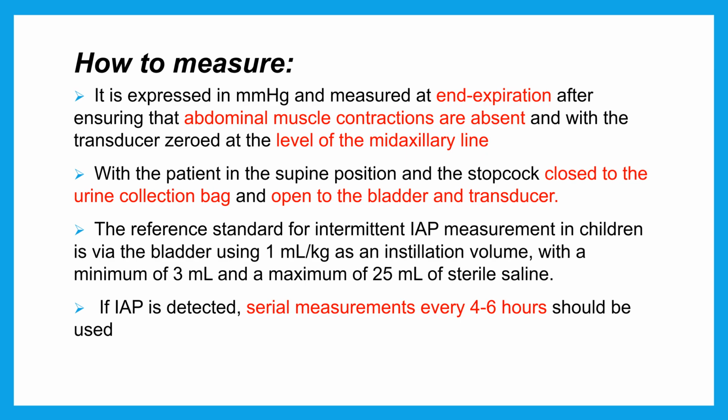Then they have to give saline at a rate of 1 ml per kg with a minimum of 3 ml and a maximum of 25 ml of sterile saline. Then we have to take serial measurements, if we are going with measurement, every 4 to 6 hours.